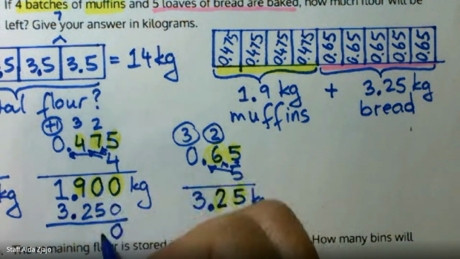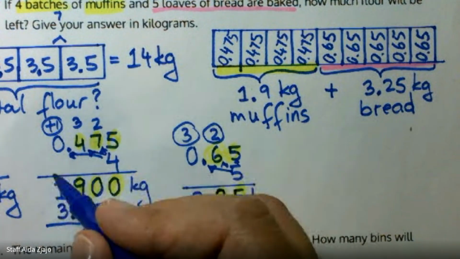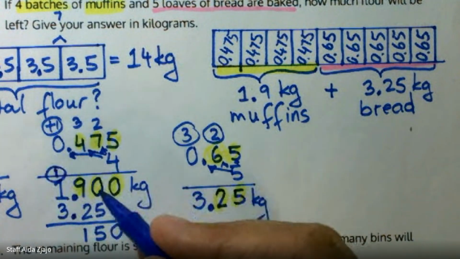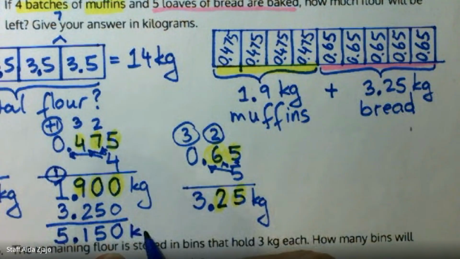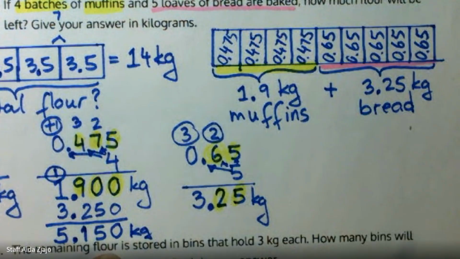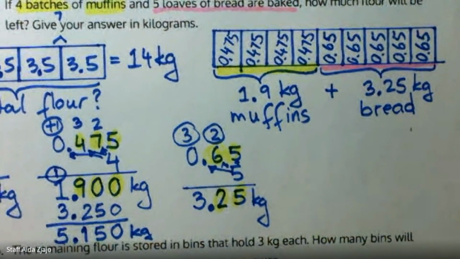Remember 1. So that would be the decimal point, 5 and 150 thousandths of a kilogram, or 5.15.